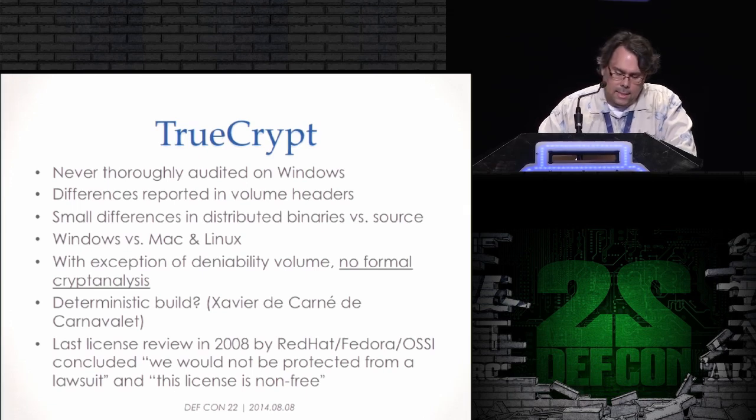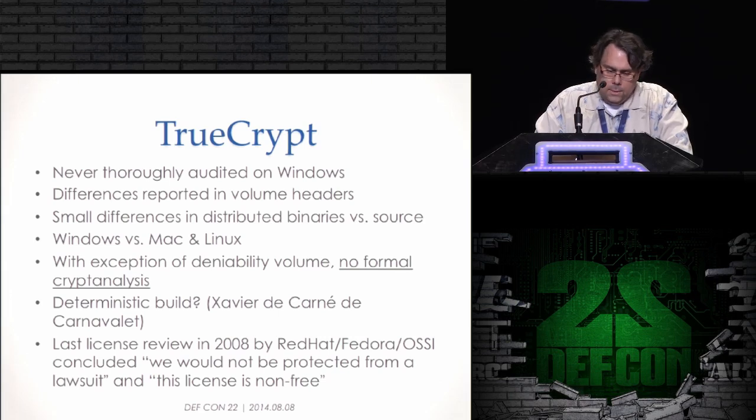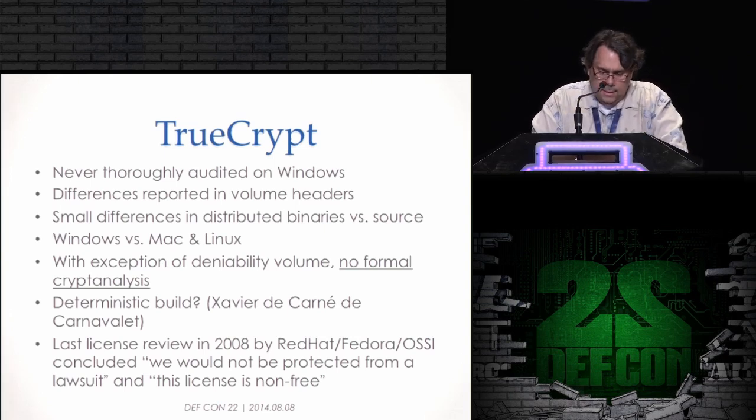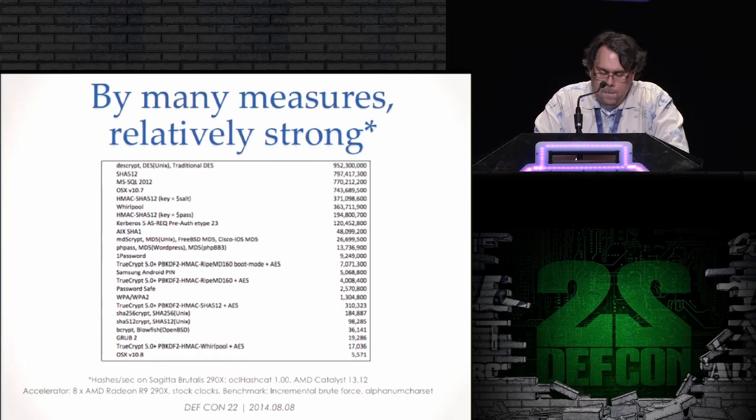And in the last license review, in 2008, the attorneys from Red Hat and Fedora and the open source group said the language in the license is so unconventional that we can't make any assurances about litigation, and just said it's not a free license.